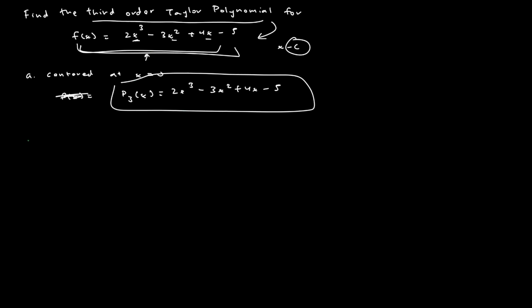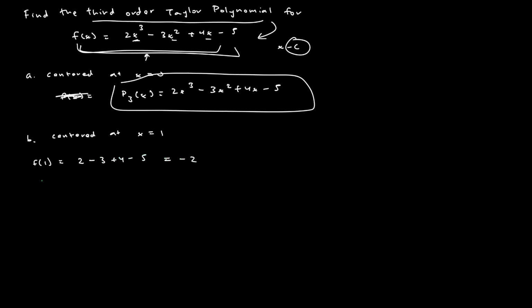The next one says we want to be centered at x is equal to 1. For this one, we'll have to do a bit more work, and in fact we'll have to evaluate all our function's values at x is equal to 1. So f of 1 is simply equal to 2 minus 3 plus 4 minus 5. That is negative 1 minus 1, which is negative 2.